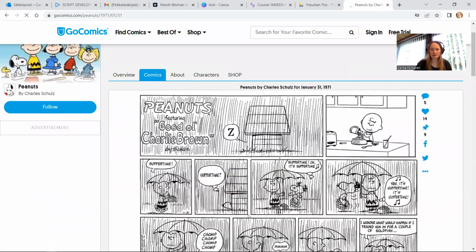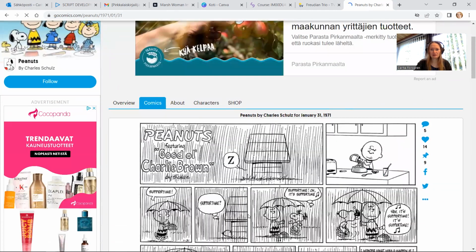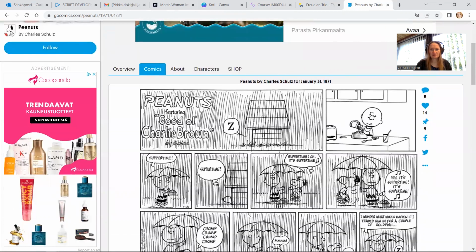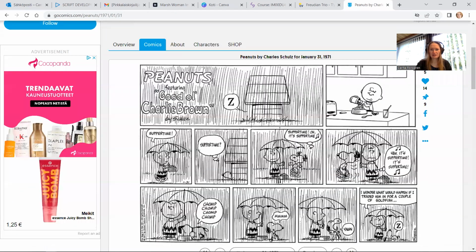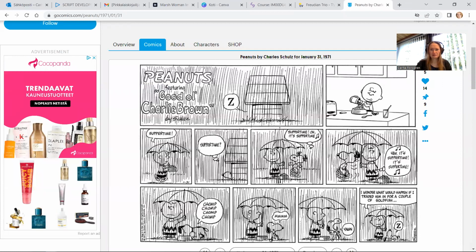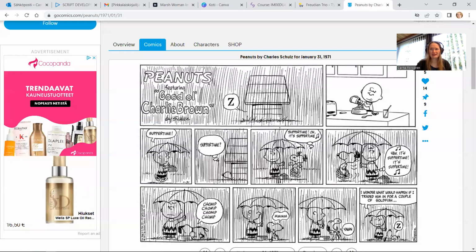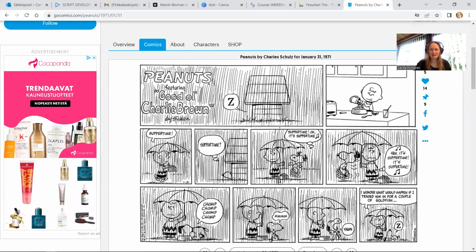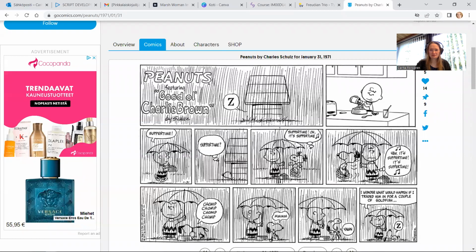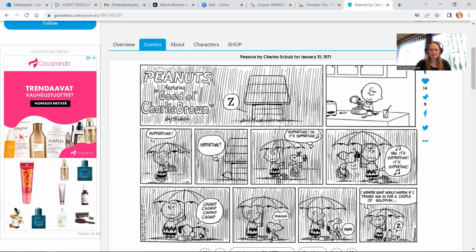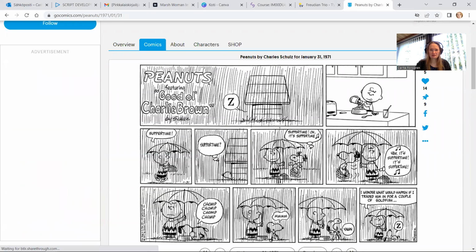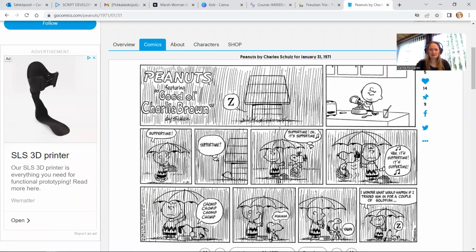Okay, here we have Charlie Brown and Snoopy together. Let's see what their relationship is like. Now I'm not going to read it one frame at a time. So what is the relationship of the boy and his dog here?